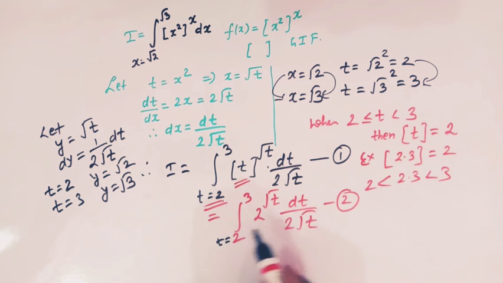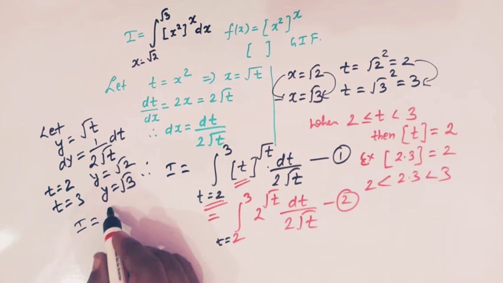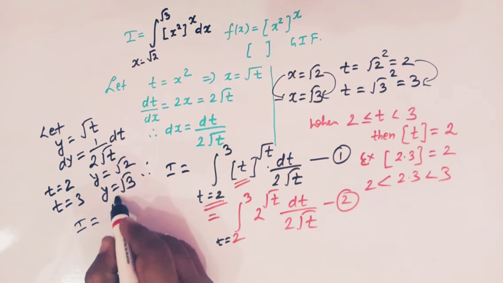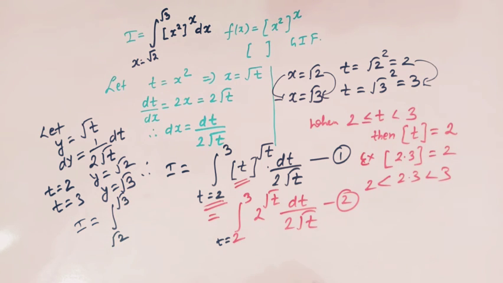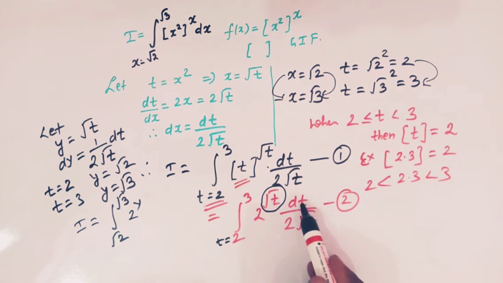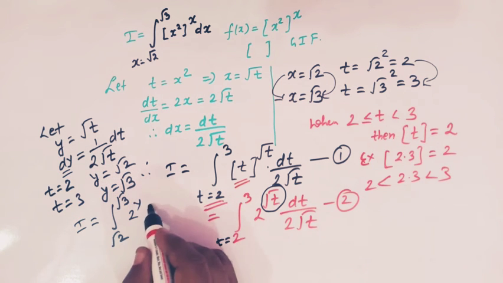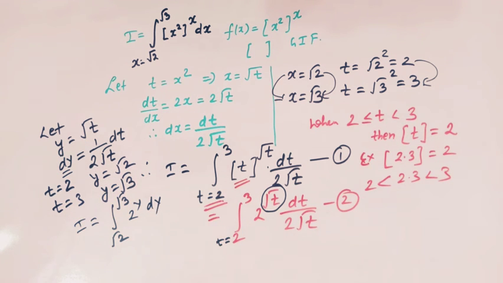So therefore this integral I reduces to the integral from square root of 2 to square root of 3 of 2 raised to y, because square root of t is equal to y, and dt over 2 times square root of t is equal to dy. So here we have dy.